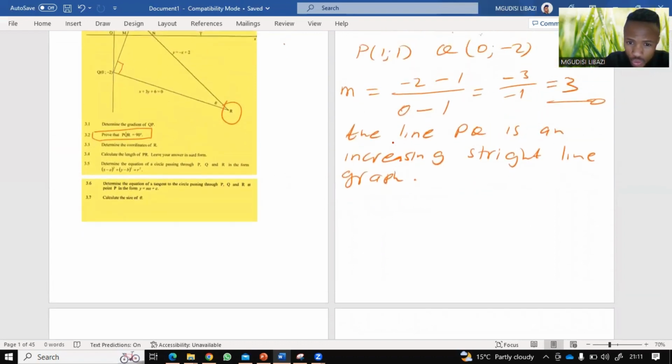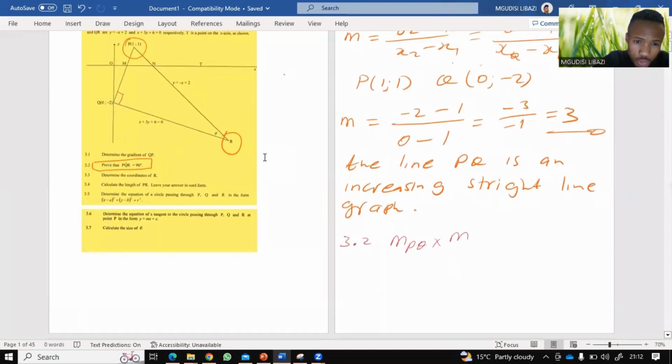So now 3.2. For the angle to be 90 degrees, we need the product of m, which is the gradient of PQ, and the gradient of QR.